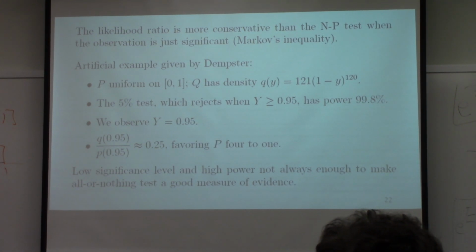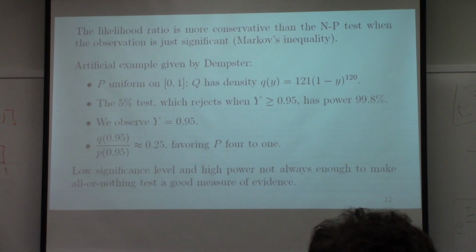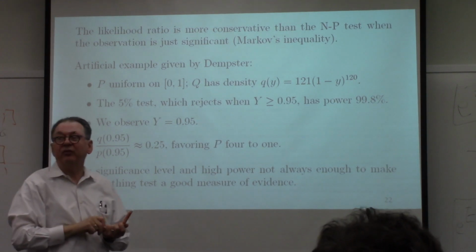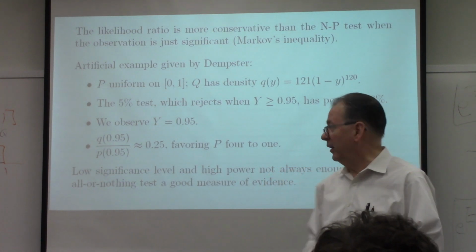I'm sorry, I put it the other way. Q looks like this. Q concentrates the probability extremely close to 1.